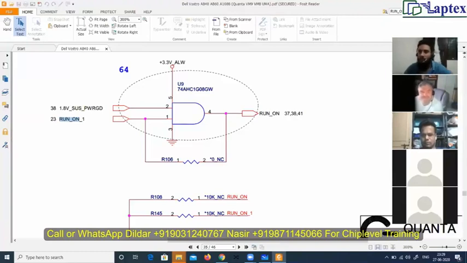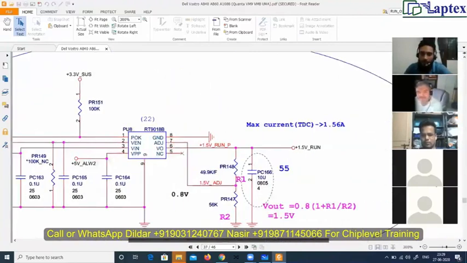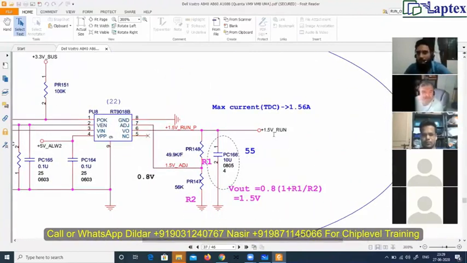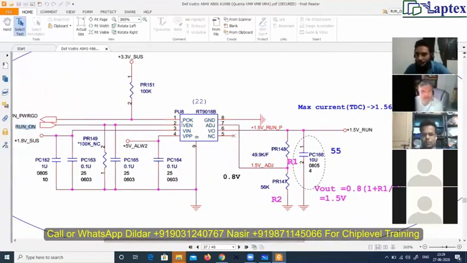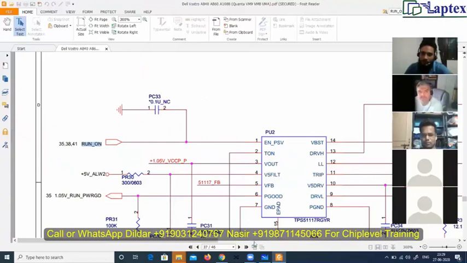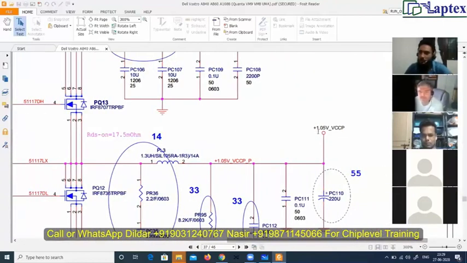And now where is this run-on going? See here, this run-on is going to turn on this 1.5 volt run supply. It is going to enable the chip, this 1.5 volt run supply, right? Now let's see where else it goes. It is also going to enable your VCCP 1.05 PCH supply, right?